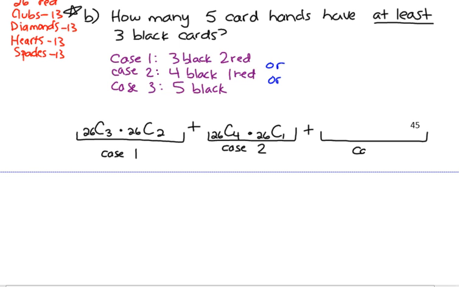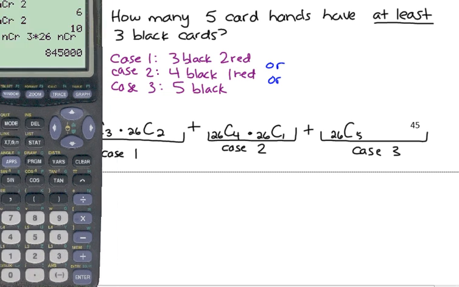You're welcome to solve these independently and then add them together. You could technically type this into your calculator all at once, but you might make a mistake. And the last is we just want 5 blacks. So there's 26 blacks, choose 5. You're welcome to multiply by 26 choose 0. It's equal to 1, so it doesn't change your answer. Okay, so there's our 3 cases. Let's do one at a time and then add them together.